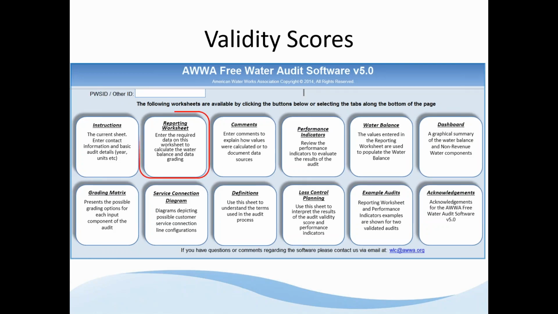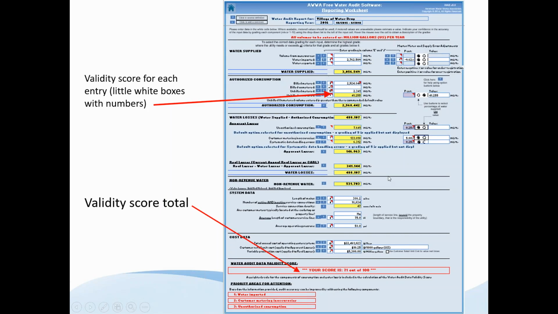Validity scores, this is the part that you as the water professional doing this audit have to be honest with yourself. If you don't know the answer to the question or you're not confident in the answer, then give it the correct score.